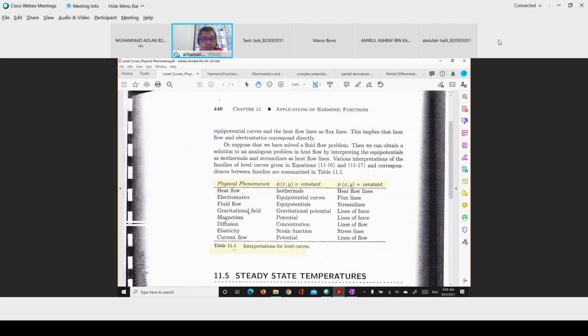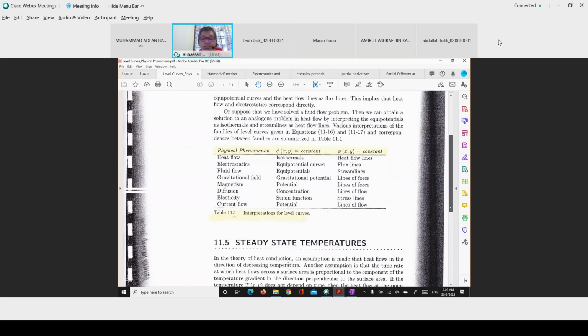And there are other interpretations as well in gravitational field, magnetism, diffusion, elasticity, and current flow. Current flow is in electricity, right? Electric current here. So I will upload this information in the e-learning.